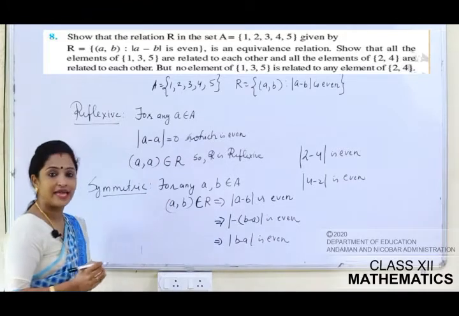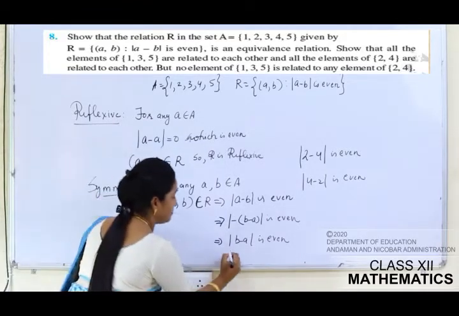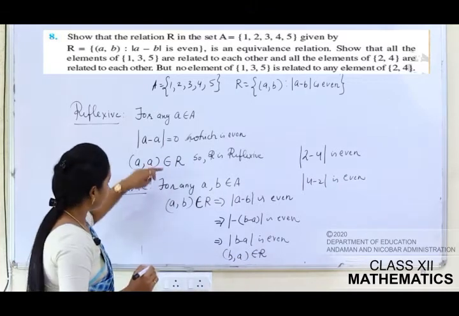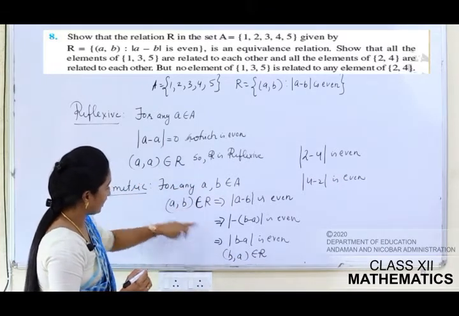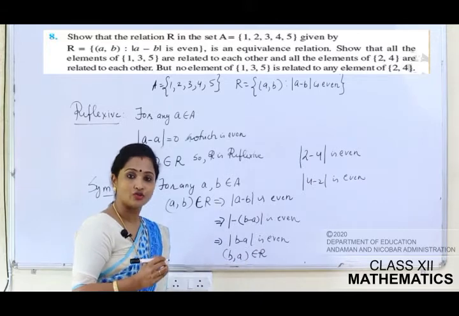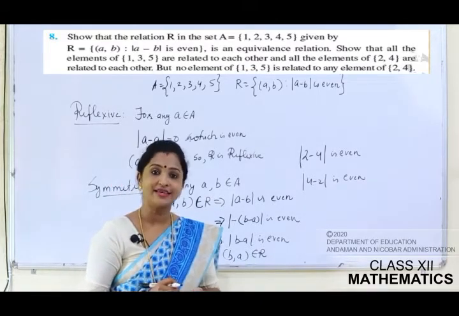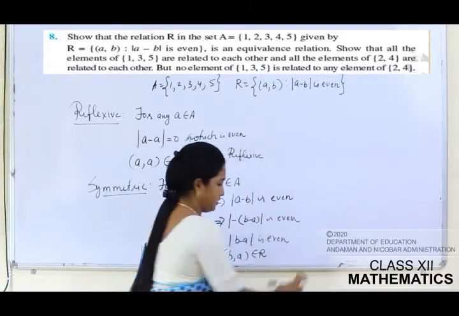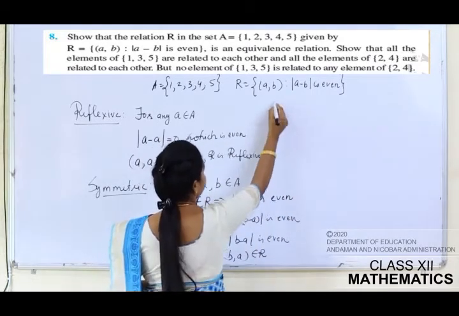When b minus a is even, the meaning is (b, a) belongs to R. You started with (a, b) belongs to R and finally you got (b, a) belongs to R. That means R is symmetric. Okay, now let's see how to prove transitive here. So you can write down here.